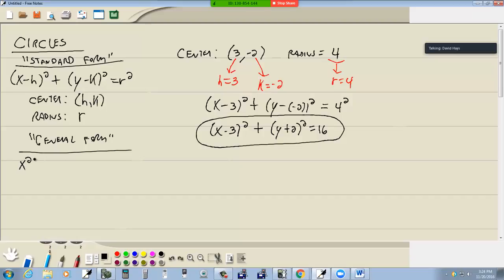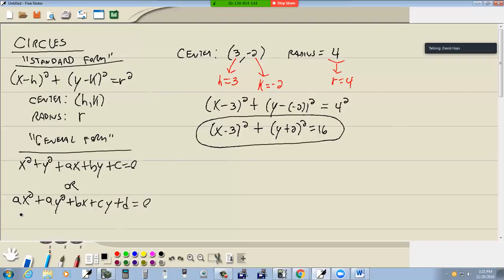But you have x squared plus y squared plus ax plus by plus c is equal to 0. Or you just have to see this stuff, and there'll be different variables on these. But you'll have ax squared and then plus ay squared plus bx plus cy plus d equals 0.